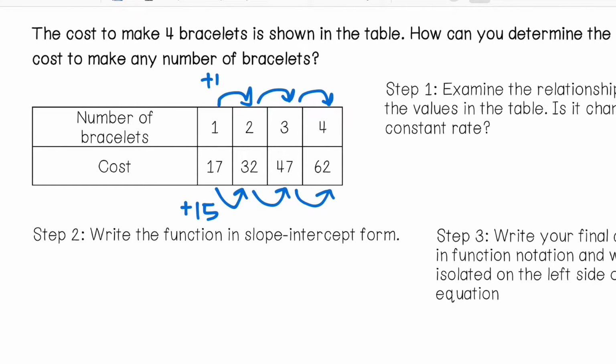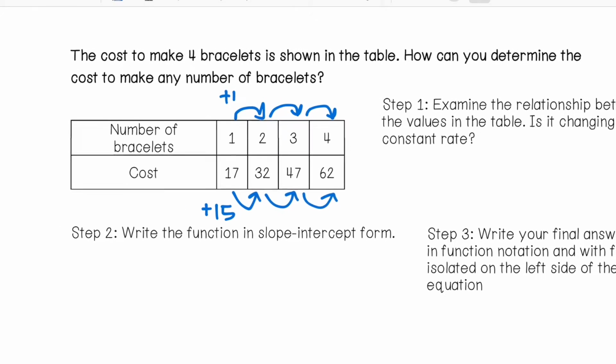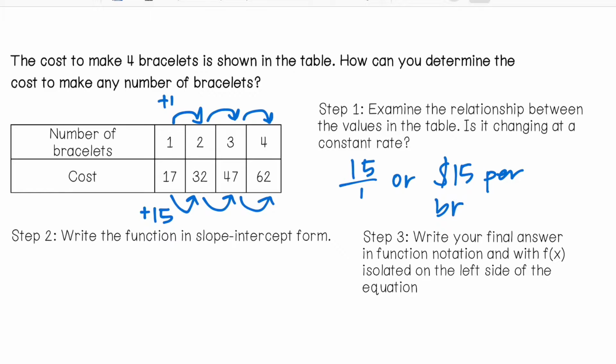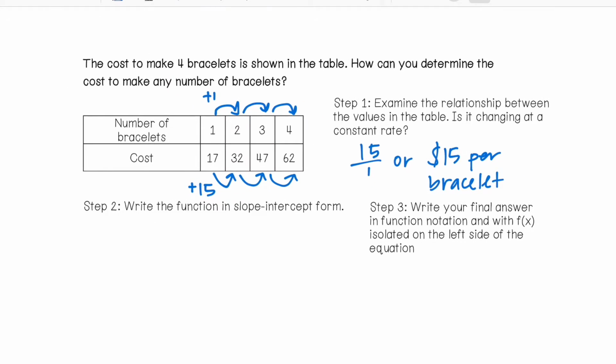It's increasing by $15 every time. Therefore, my slope in this situation, or my constant rate, is going to be 15 over 1. Or I could just write it as $15 per bracelet. So that's my slope. That's what my constant rate is.